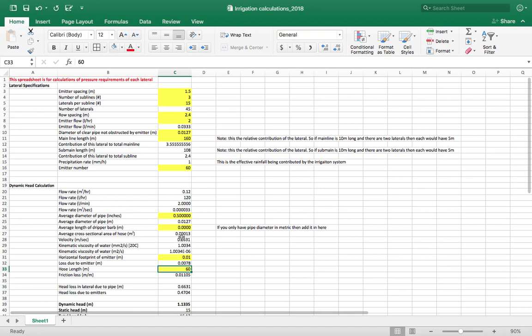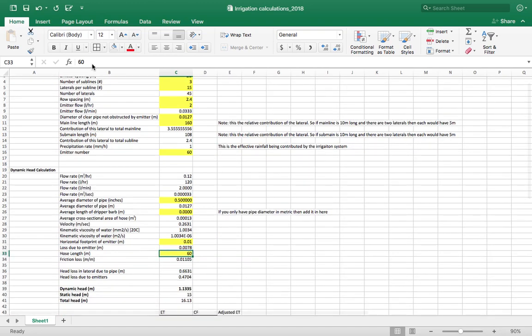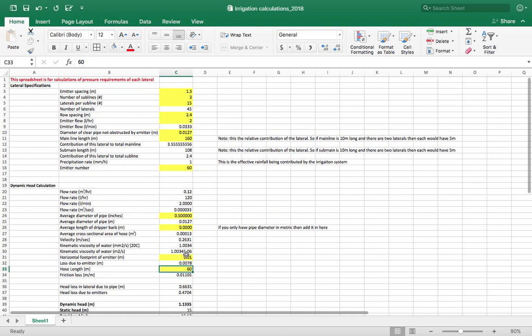Actually, I need to change that a little bit. That's actually the lateral length. That should be the lateral length plus the subline contribution plus the mainline contribution. So let's change that.